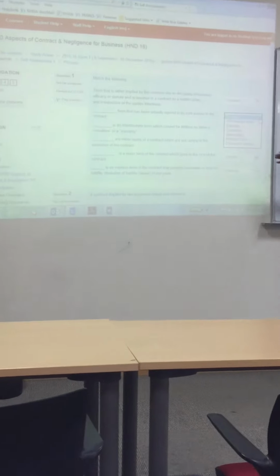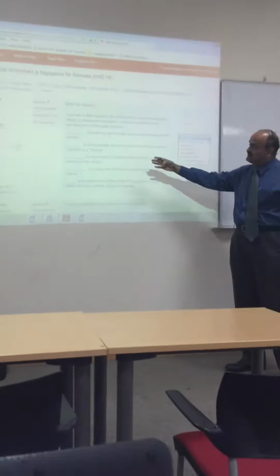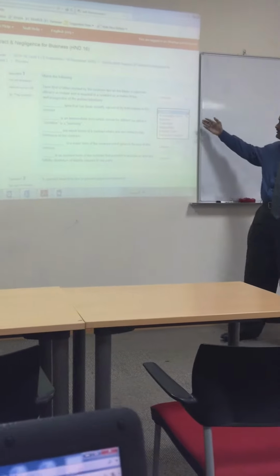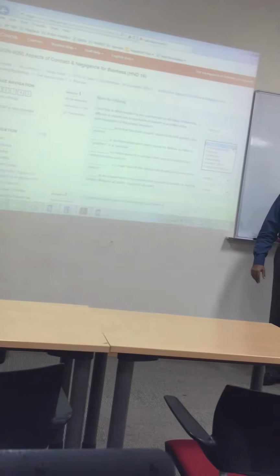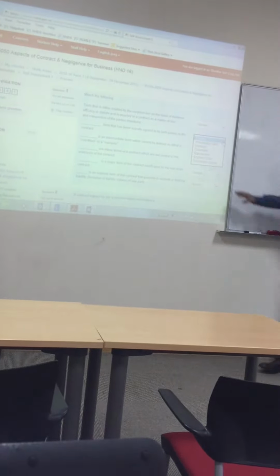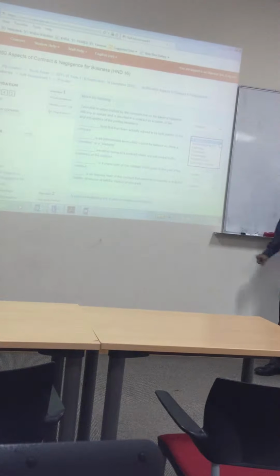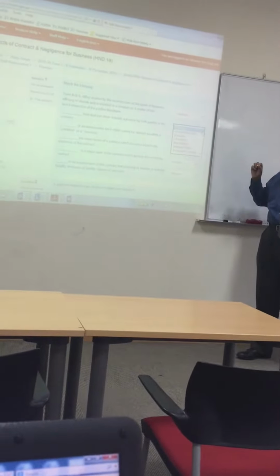The second one: a term that has been actually agreed to by both the parties to a contract. Which do you think it is? Condition? No. It is an express term. Express means the term has been actually agreed by both parties to a contract.